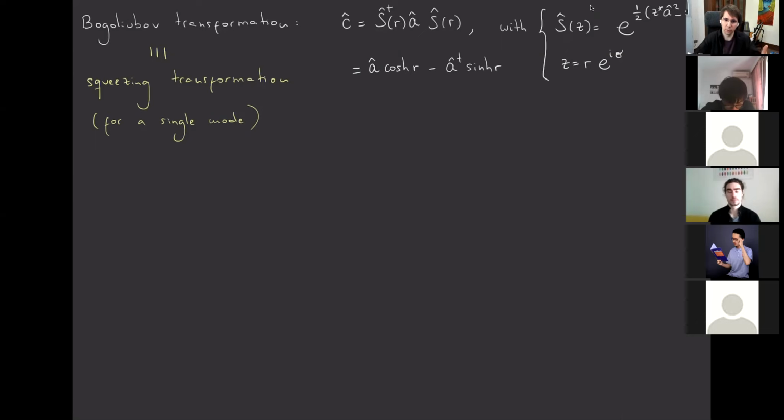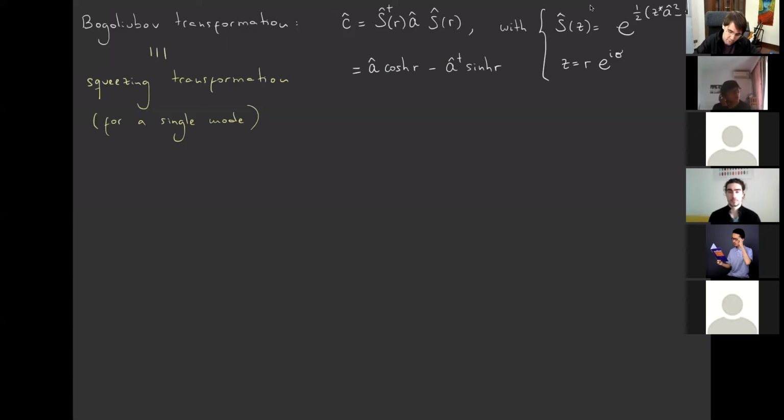type of Bogoliubov transformation in which you define a new set of modes, with annihilation operators that are a linear combination of all the annihilation and creation operators. And as long as the factors in front of the A operators and the A dagger operators satisfy that the square of one minus the square of the other is equal to 1, then the commutation relations are left invariant. So this C defines a new annihilation operator.